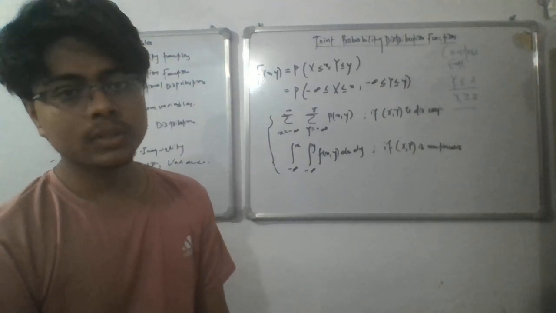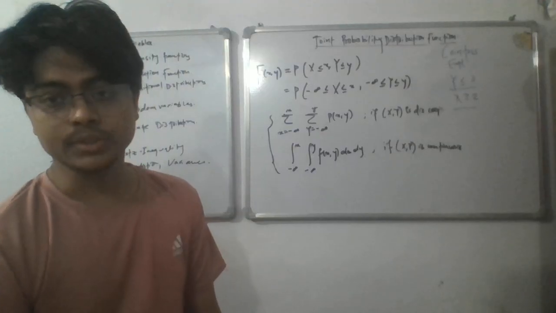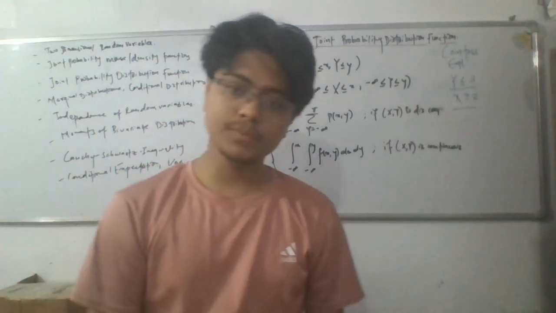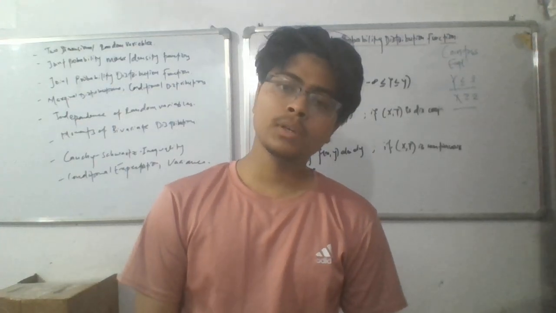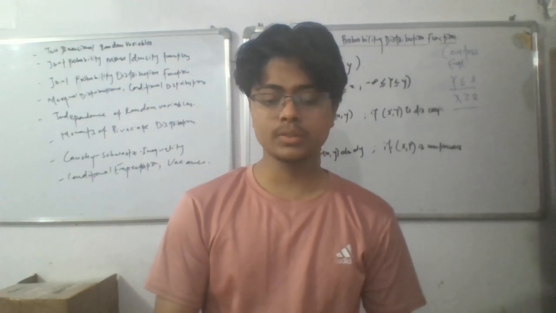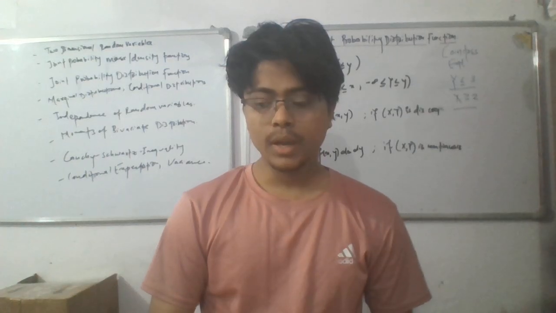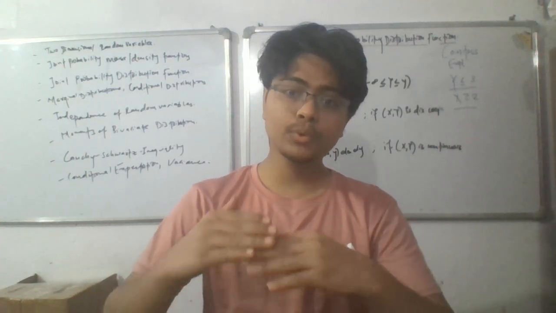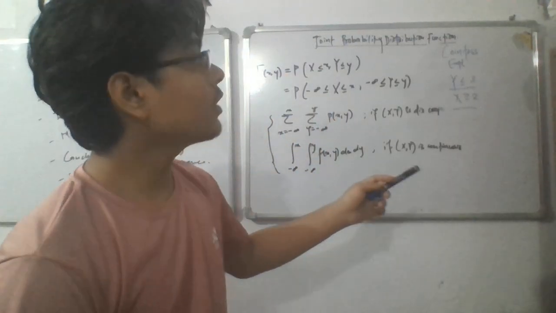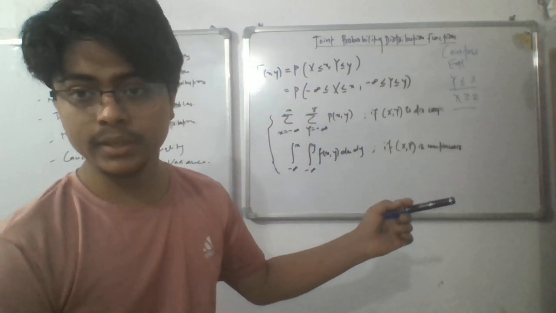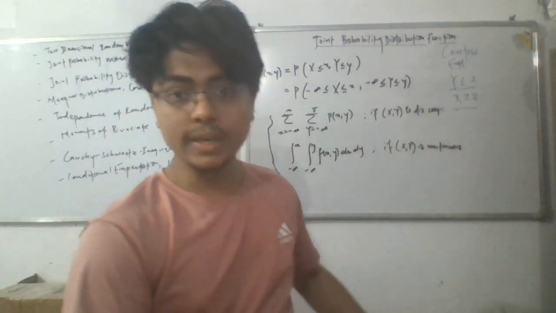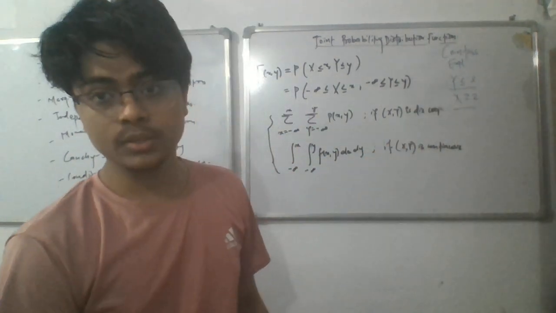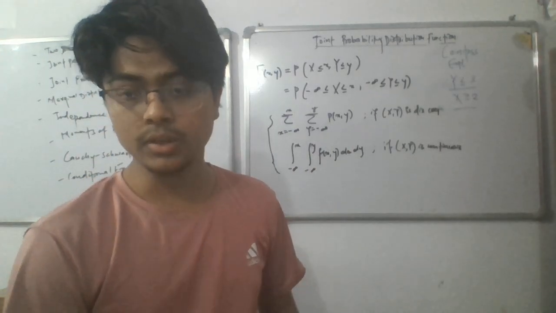So let's talk about the joint probability distribution function. As the name makes clear, we are talking about the distribution here. It means we are talking about the value of a random variable, and we are trying to find the probability up to that point. Let's suppose we want to find the probability that x is greater than or equal to 2, or y is smaller than or equal to 3. So we are not defining a single value for the random variables.